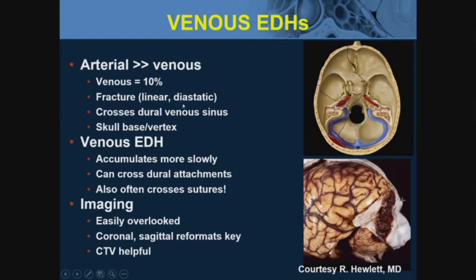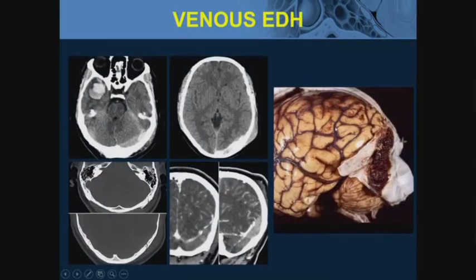Remember that fractures can be linear or diastatic, and if they cross a dural venous sinus, particularly at the skull base or the vertex, they can produce a venous epidural hematoma. And here on our anatomic diagram, we have drawn some complicated, complex, dramatic skull-base fractures.